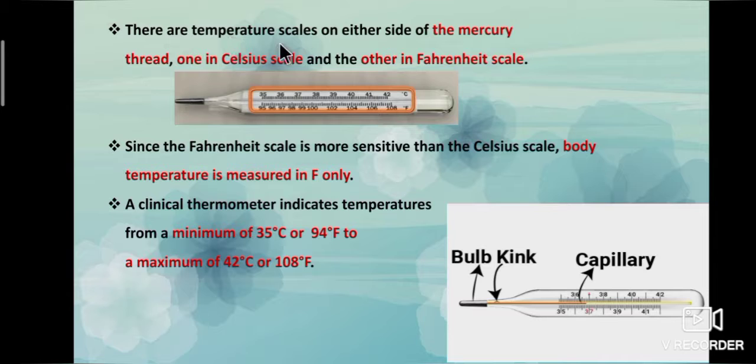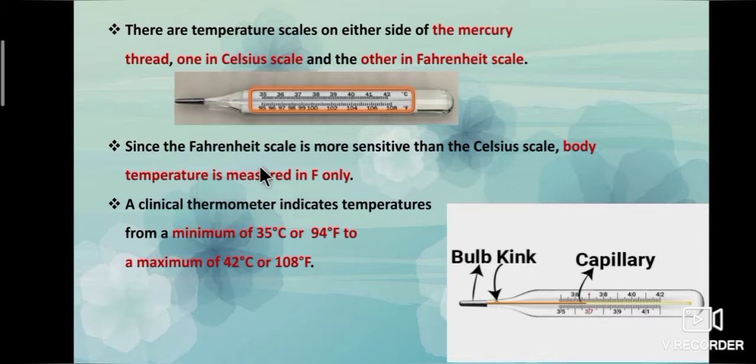There are temperature scales on either side of the mercury thread, one in Celsius scale and the other in Fahrenheit scale. Since the Fahrenheit scale is more sensitive than the Celsius scale, body temperature is measured in Fahrenheit only.